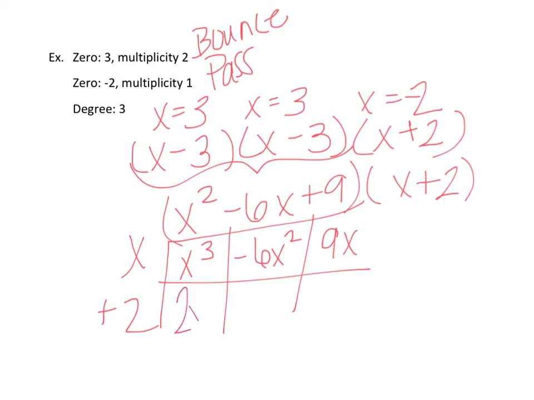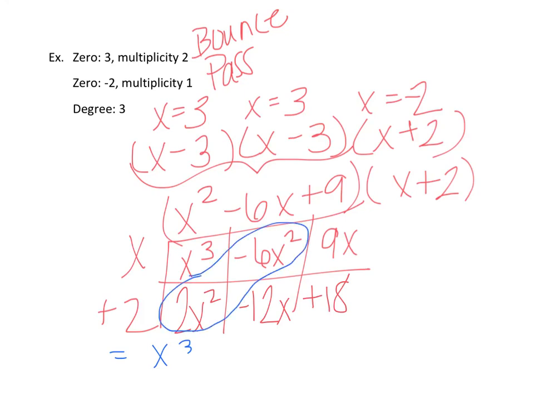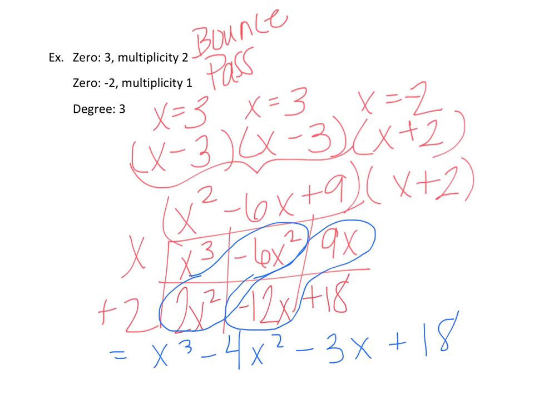And then I get 2x squared minus 12x plus 18. So coming out of this, I have x cubed, combining my like terms, negative 4x squared, like terms again, negative 3x plus 18. Make sure I do have the right degree of 3, we're good to go.